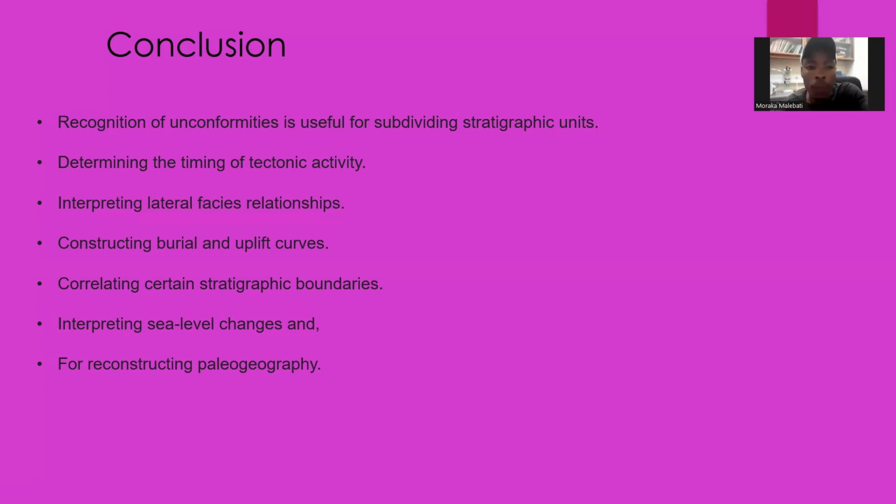To be able to interpret lateral facies, you also need knowledge of unconformities and also changes in sea level, that is to say, transgressions and regressions. If you haven't yet visited our video about transgression and regression, changing sea level, which also affects the facies, please visit that. You'll learn a whole lot.